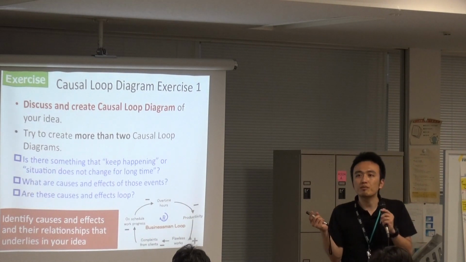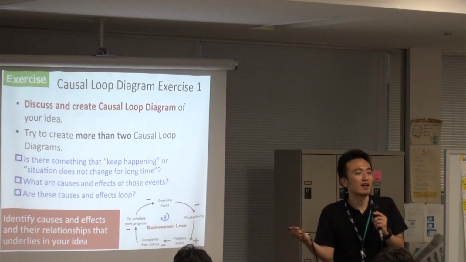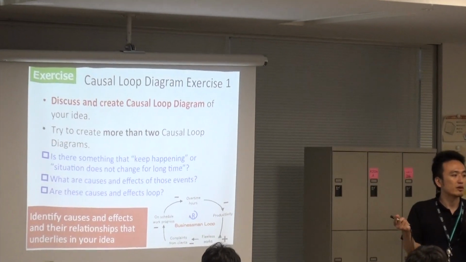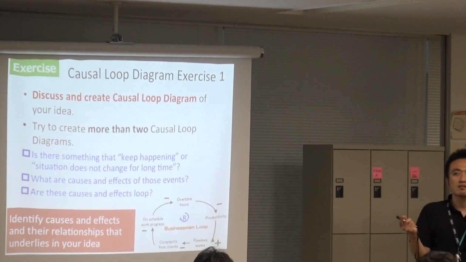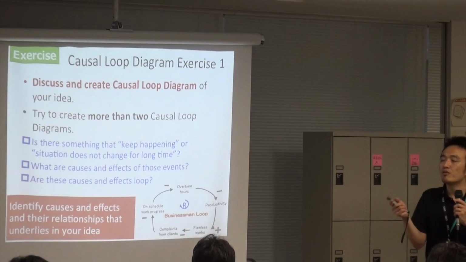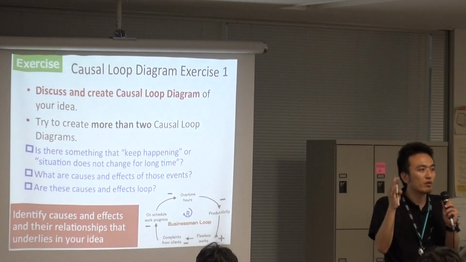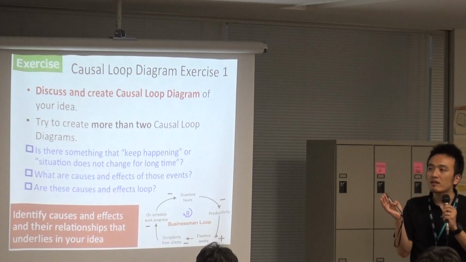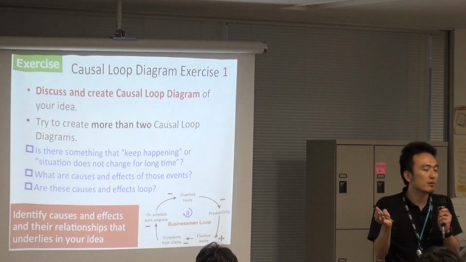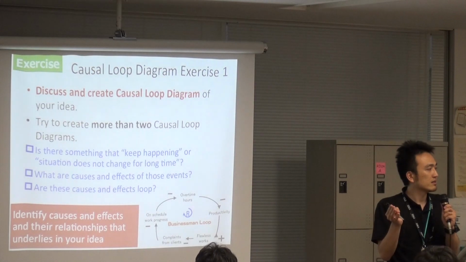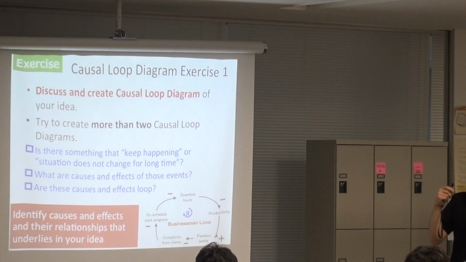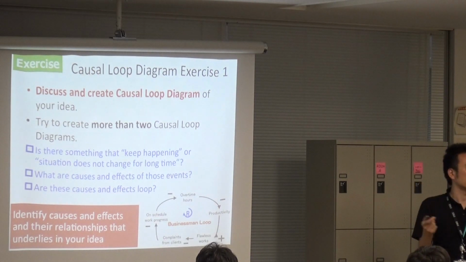Otherwise, if your causal loop is not there, then your solution will die in a few years, maybe. If you can design your causal loop carefully around or within your solution, then we call it a sustainable solution, right? So that's what's really interesting.